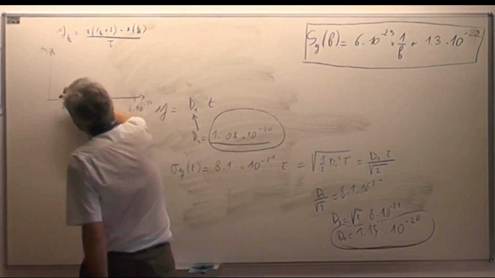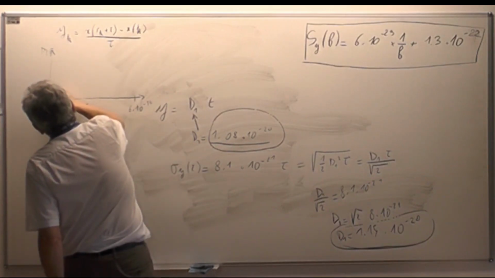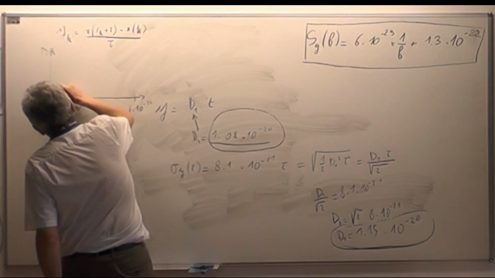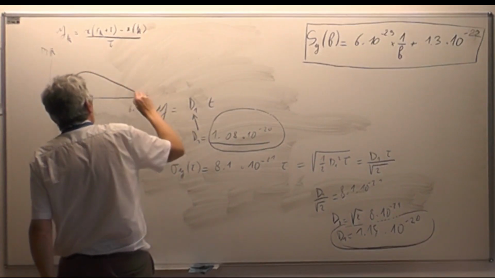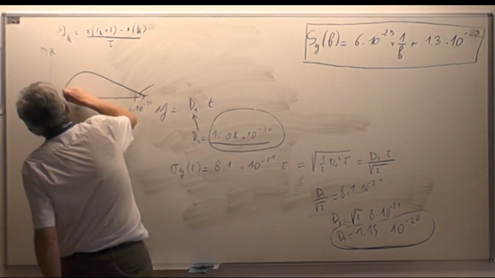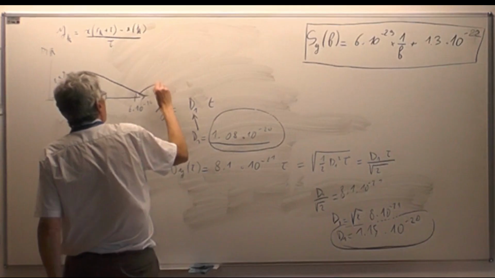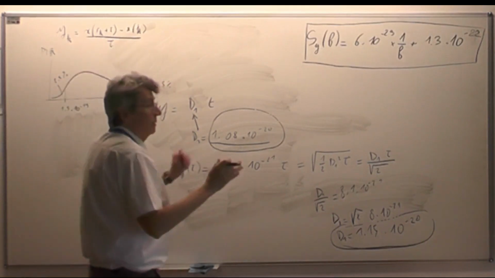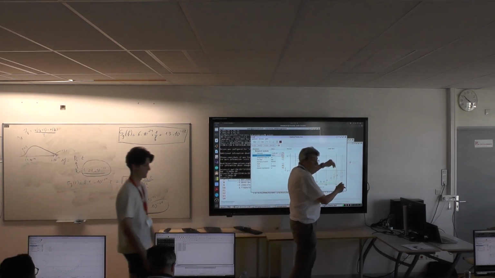So you have a curve like that. The probability is not symmetrical, it's a chi-square distribution. So you have something like that. You have 2.5% here, 2.5% there, because the error bars are at 95%.